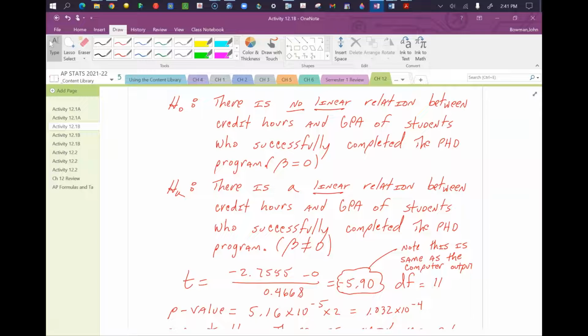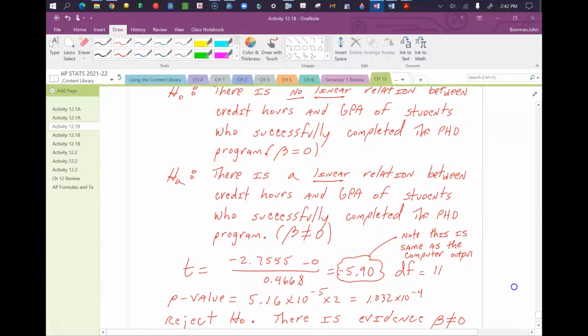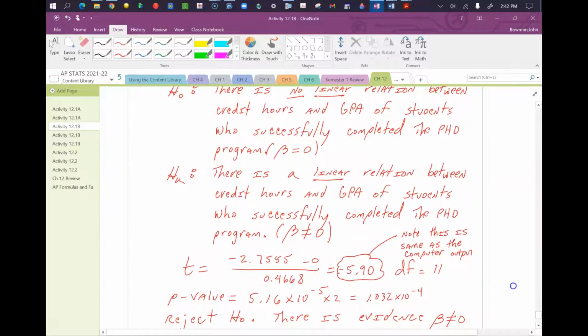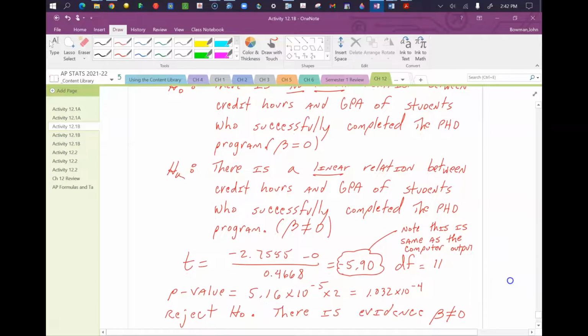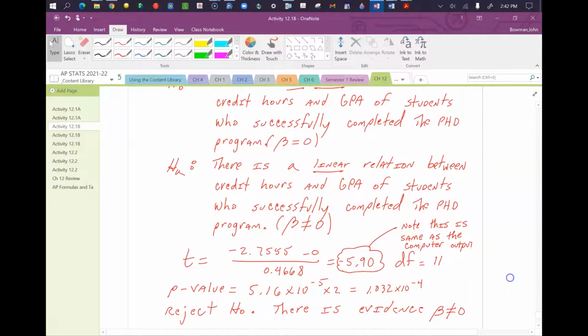So our T ratio, you can calculate, shown by the formula there. It's taking the sample slope, dividing by the standard error of the slope, or you can read that just off the computer output. You can also find the p-value. Don't forget, it's a two-sided alternative, so find the area to the left of negative 5.90 and then double it.